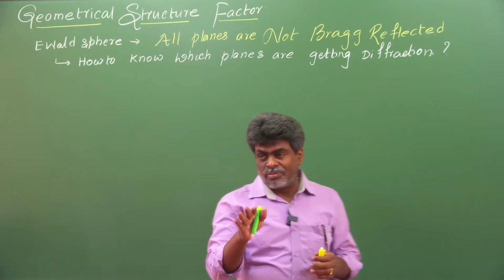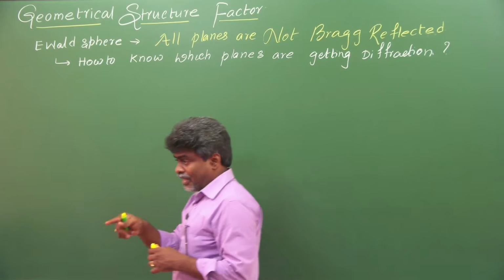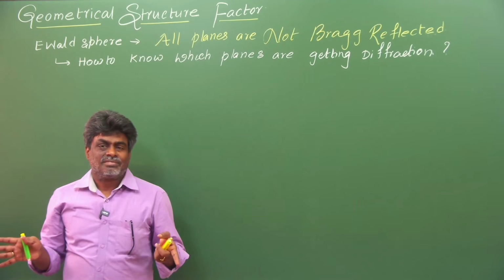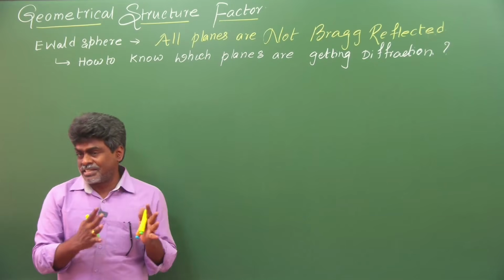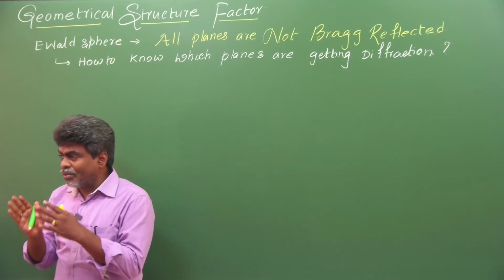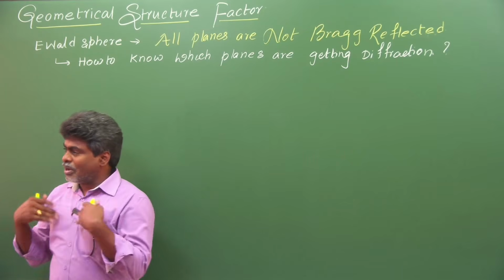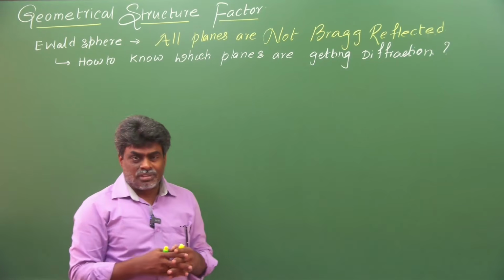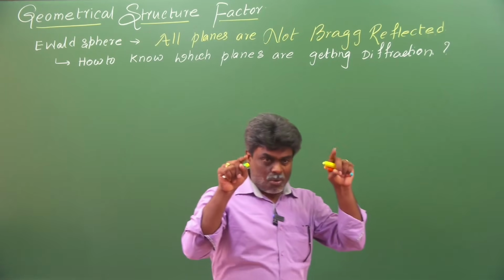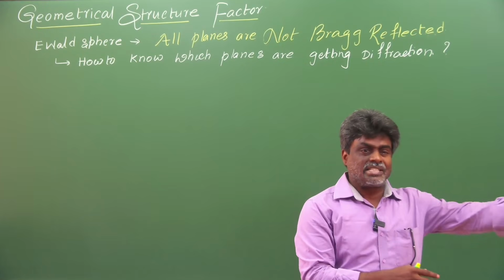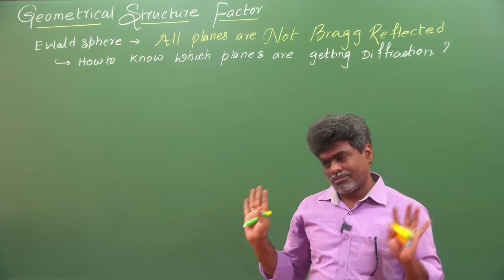The intensity of the electromagnetic wave is directly proportional to the square of the amplitude. So in this entire discussion we are going to find the scattering amplitude. Once you have the scattering amplitude, I will find the intensity, which is the modulus square of the amplitude. If it is non-zero, there exists a diffraction. If it is 0, no diffraction.